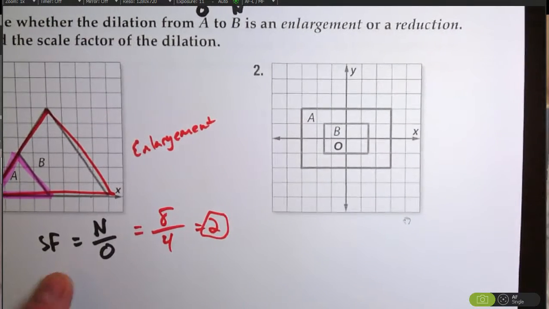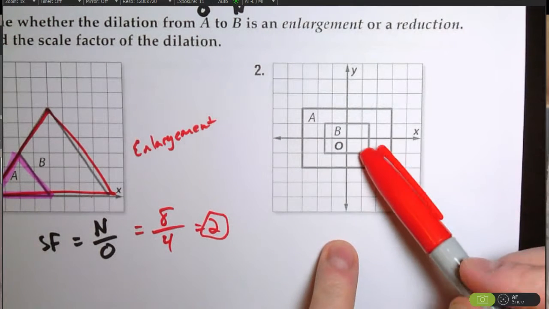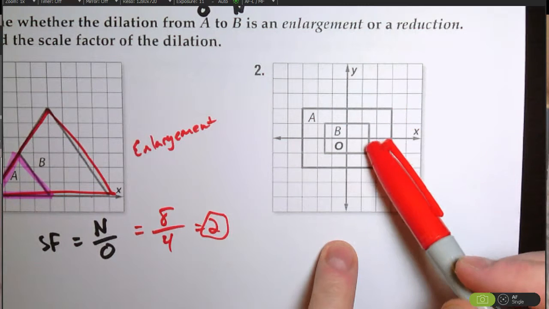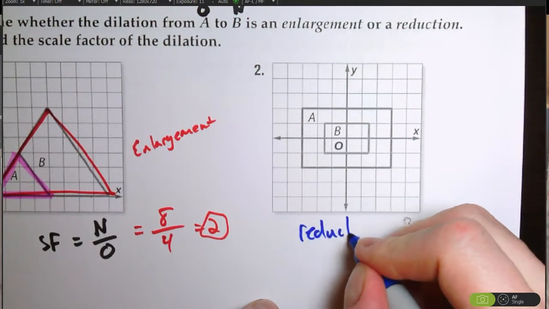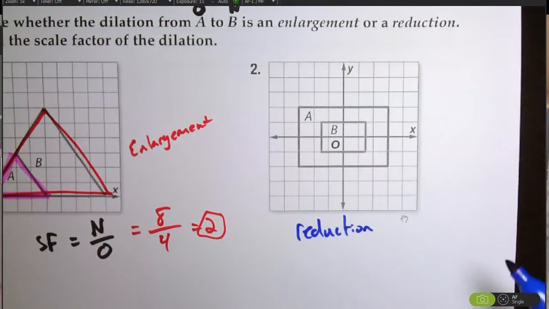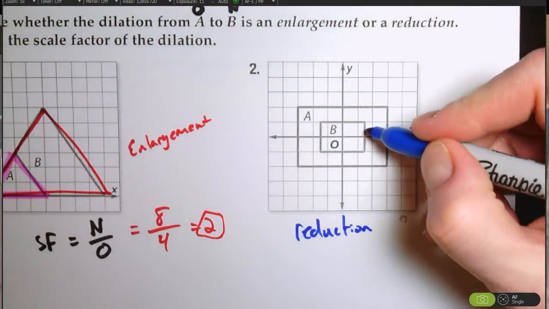Looking at problem number 2, same exact idea. New over old. Obviously, this time, B has gotten smaller than A was, so the new length is smaller than the old length. Okay, so that means it's a reduction. Now I'll compare new length, which doesn't matter what you choose, but this is pretty easy to see.